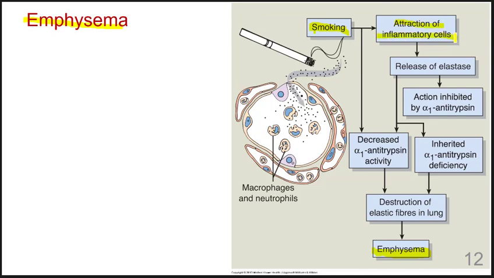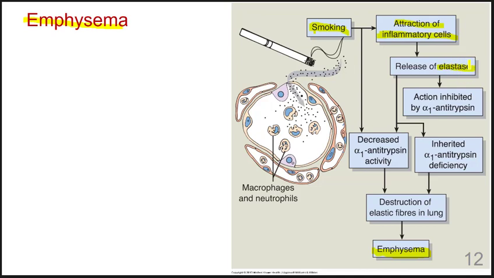And it makes sense because you're bringing in this toxic substance and the body responds with an inflammatory response as part of our immune reaction. These inflammatory cells are going to release different substances, and we're going to use the example of elastase. So elastase is an enzyme that digests elastin. Elastin is a protein that makes up part of our lungs.